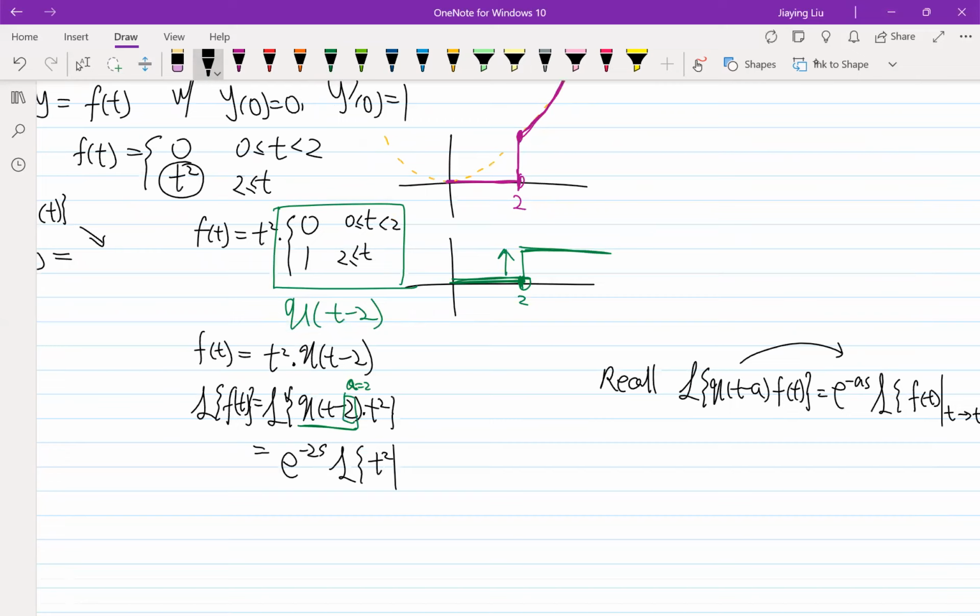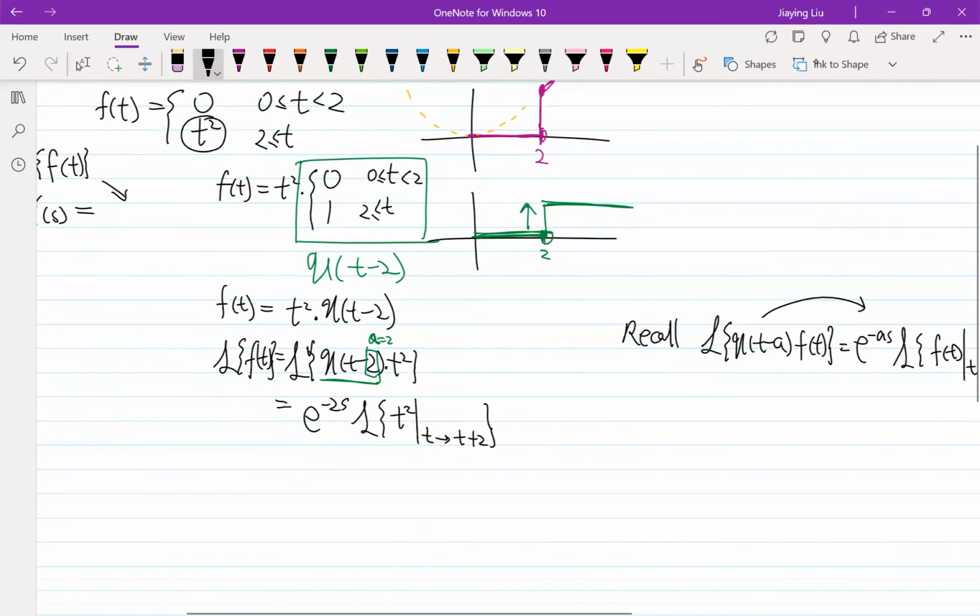But remember that the t there has to be replaced with t plus a, so t plus 2. So from here, we're just going to substitute the t in t squared with t plus 2, and then find the Laplace transform of that.